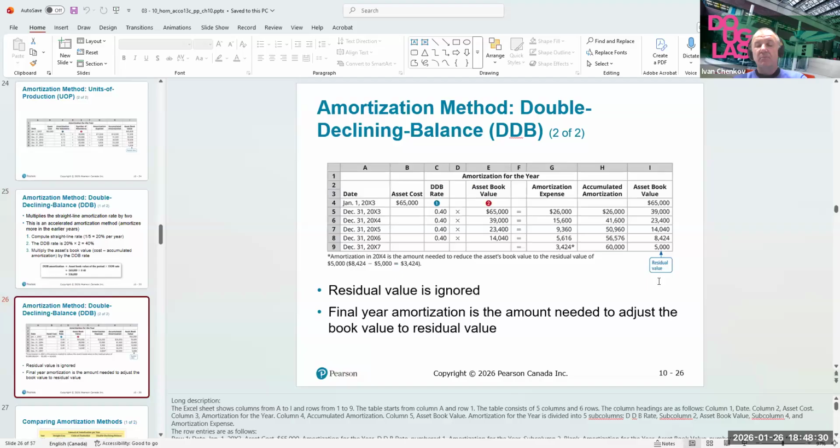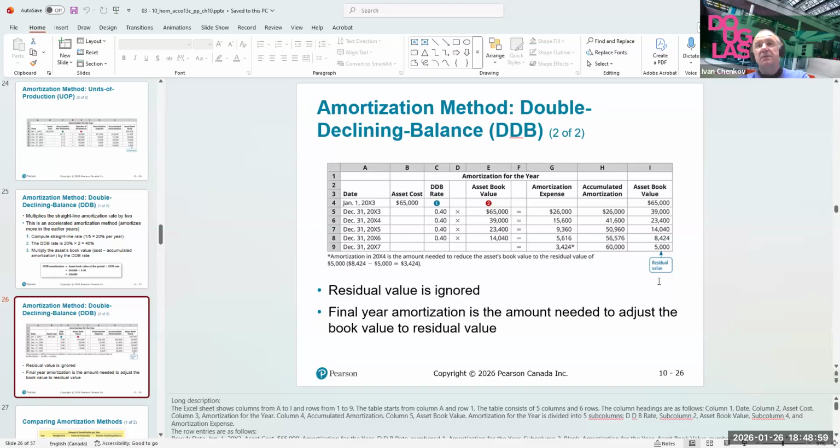So we're going to start applying that percentage again until we reach the total amount that we can amortize, which is 60,000, which is the amount of original cost of the asset less the amount that we expect to get as cash at the end of the useful life of the asset, or residual value.